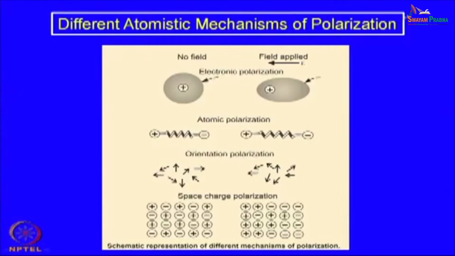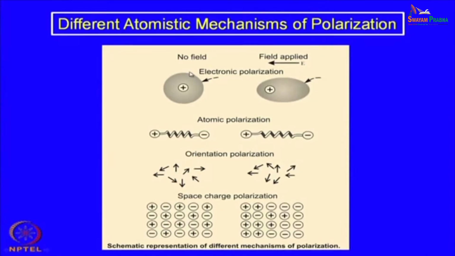But when you apply an electric field, there is a net distance of separation; the center of positive charge and the center of negative charge distribution throughout the material get separated, and you form a dipole, and that is what has been given here. There are 4 distinct mechanisms by which dipoles can be generated.